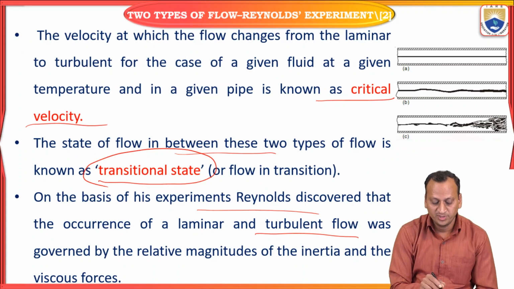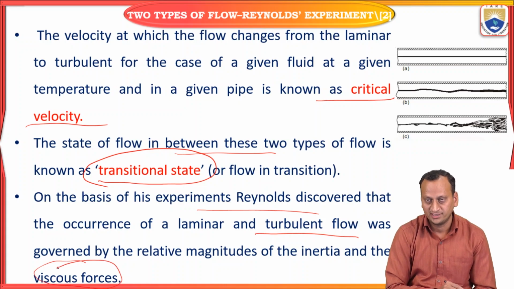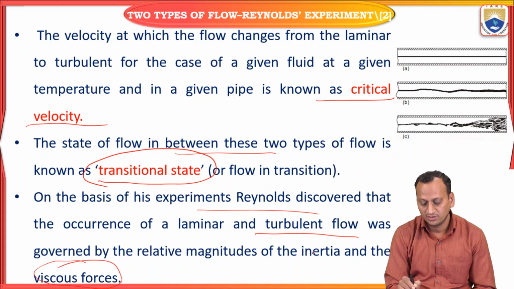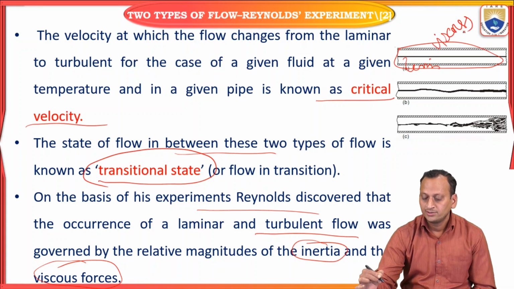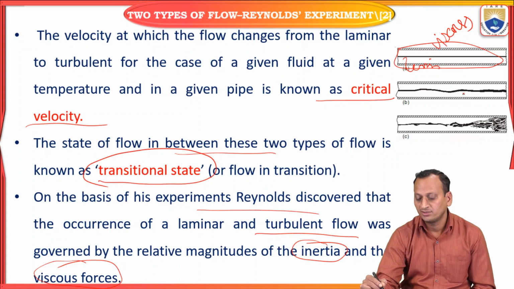In case of laminar flow, viscous forces are predominant because they dominate inertia forces. In that case, you can feel this type of pattern. So that is laminar flow. Here viscous forces are predominant. Gradually the inertia forces try to dominate in this region.